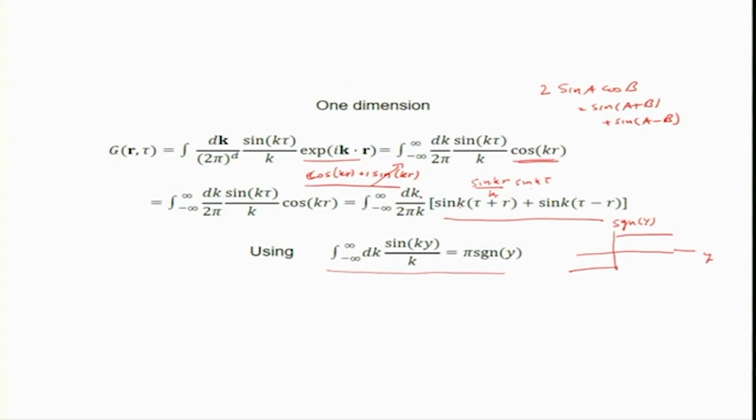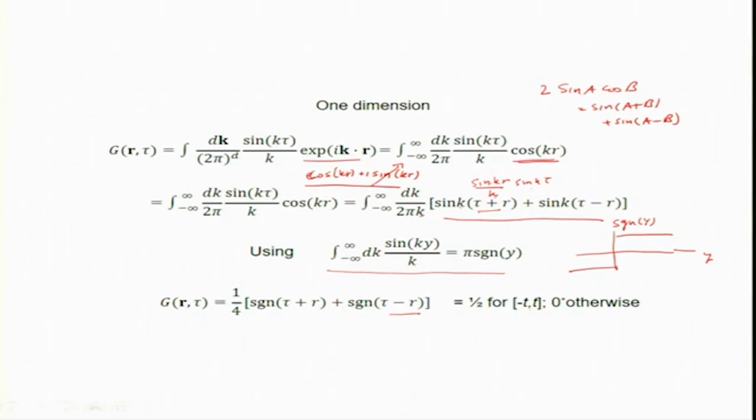So I get sine of k here and dk there. So this will be a combination of sines. I get sin(tau plus r) from here and sin(tau minus r) here. Okay, the sum of the two sine functions. Now you can just play around with this and you will find this to be half; there is a 2 that will come here.